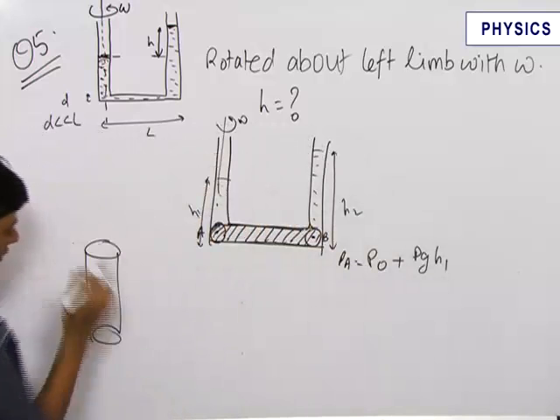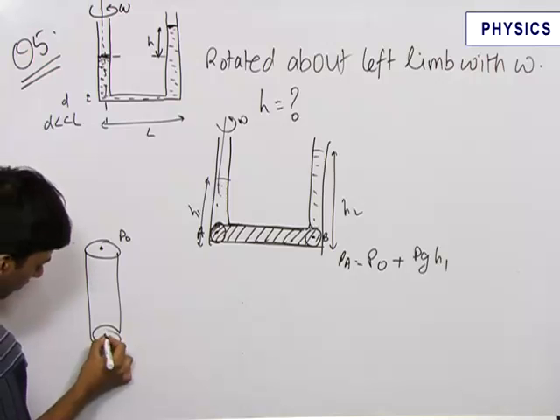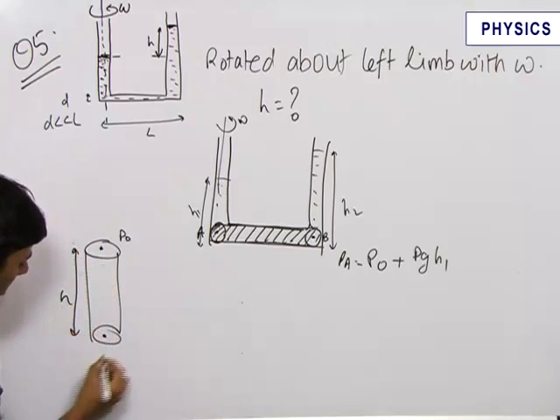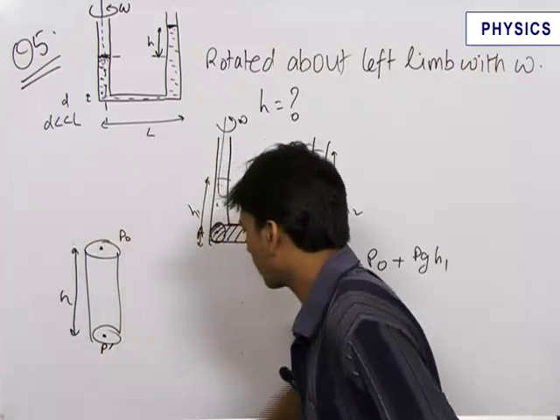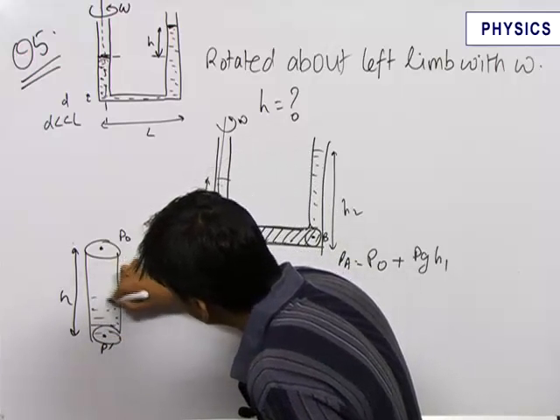Let us take a tube of water in the vertical direction. The pressure at this point is P naught. Let the pressure at this point at height h below be P dash, and this is a cylinder of water that we have assumed.